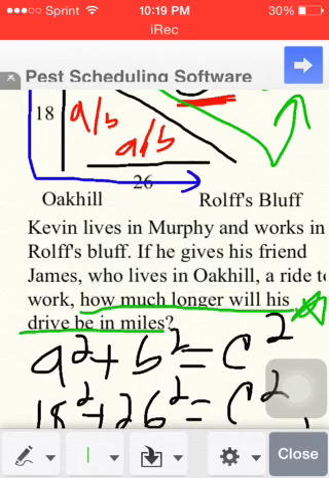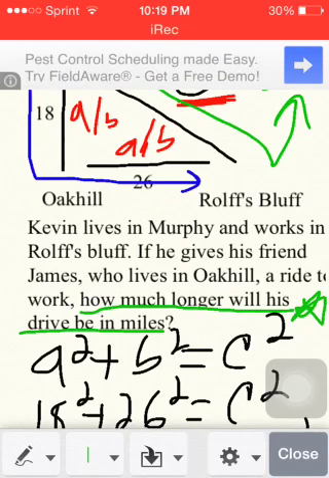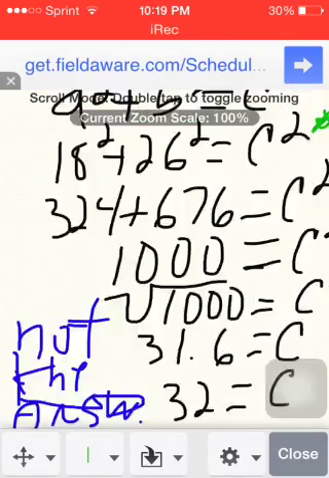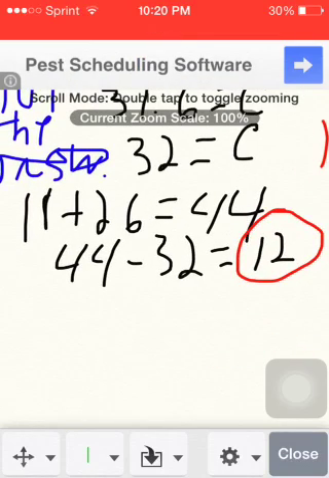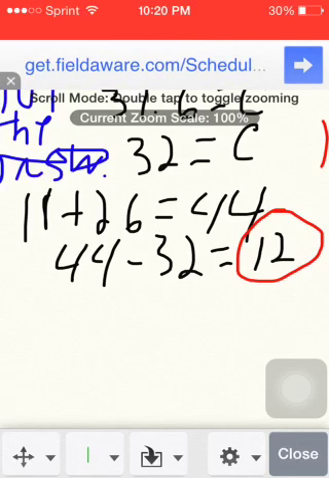Right here is the question that we're trying to answer, is how much longer. So what we found in this problem is that even though we did all that work and got down here to 32, we found out that we had more work to do. We had to add 18 plus 26 to get 44, which was the distance when he drives James, and then we had to subtract his regular distance from that distance with giving his friend James a ride to find how much longer.